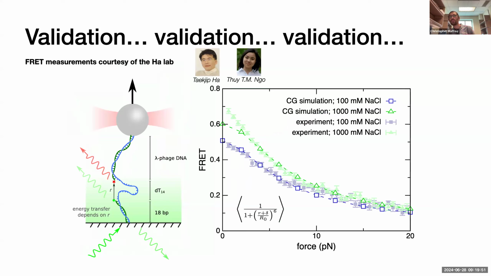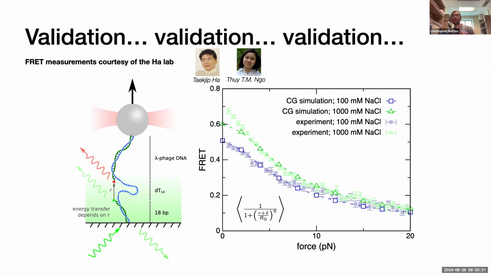The FRET efficiency, this fluorescence energy transfer efficiency, depends on the distance between dyes, and we were able to successfully match their data just by looking at the distances in our simulations, except for the high salt condition at very low force.